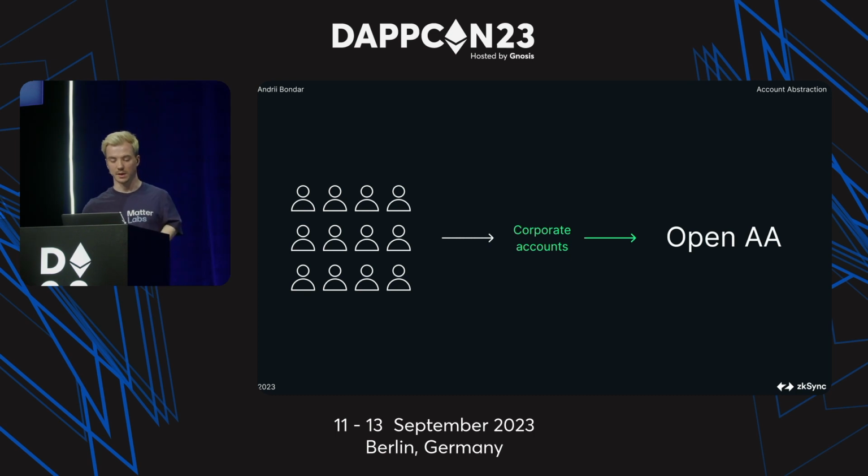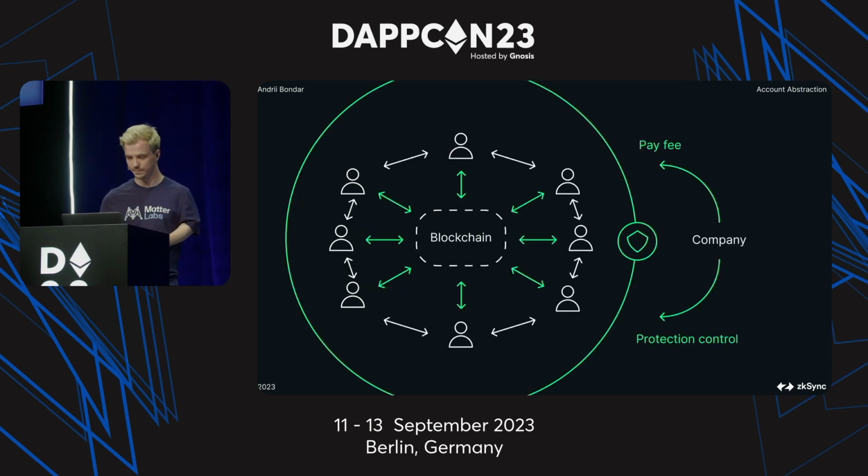This personal corporate account can be a way to open a personal smart contract wallet. So this is how a company can integrate blockchain inside the processes and pay fees instead of employees, so they will not even know about crypto. And the security department will be a guarantor for these employees' accounts. So risk management from account abstraction is a great tool for this.